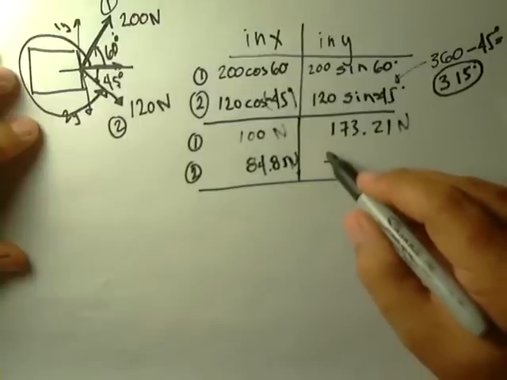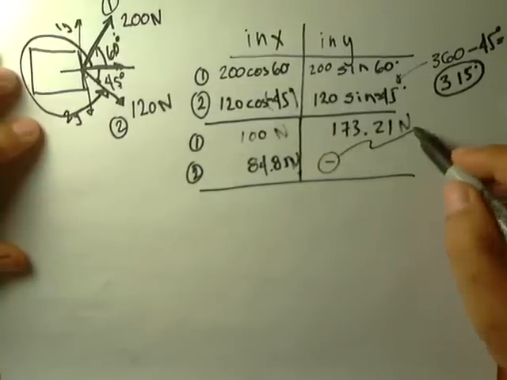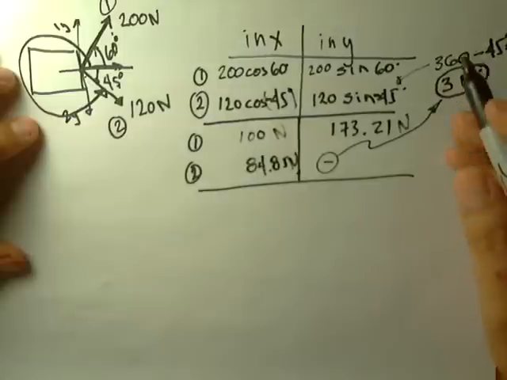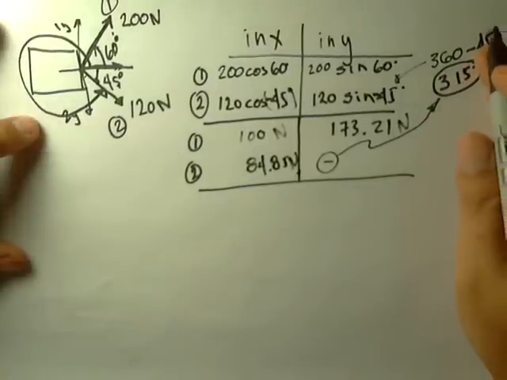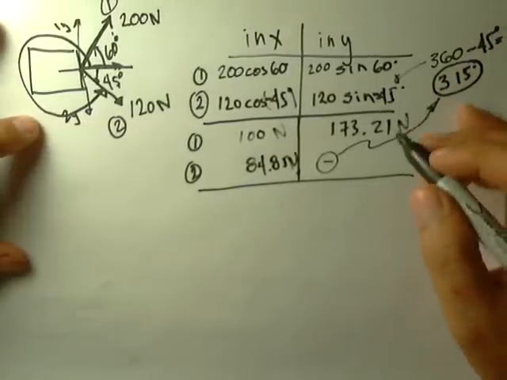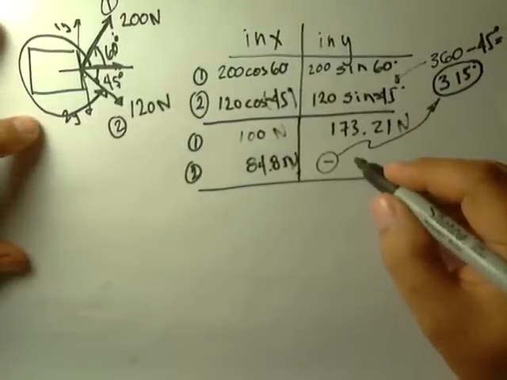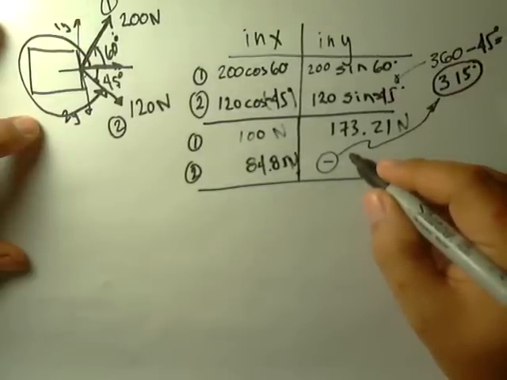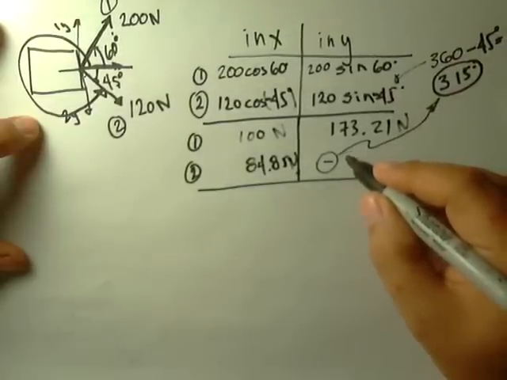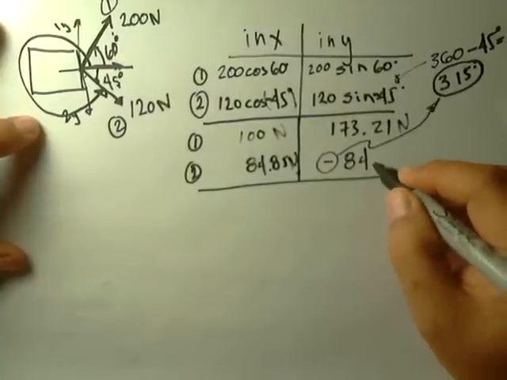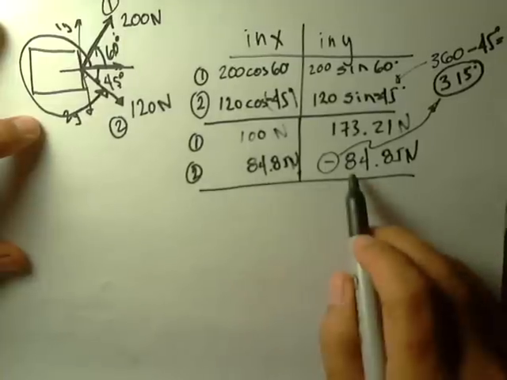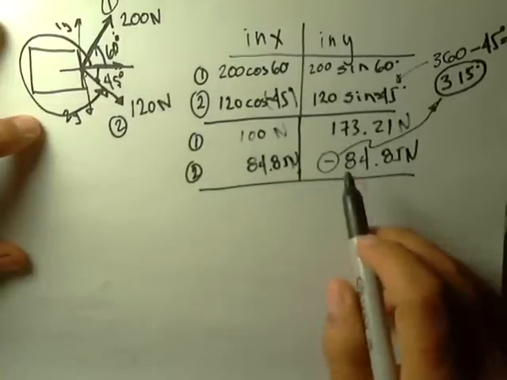And the negative sign comes either from putting that angle, which will automatically give it to us, or with the other sign. I suggest you use this one again. Here we will have, if I'm not mistaken, negative 84.85. Why this? Because with this 45, you have the same in x and in y. That's why we have that.